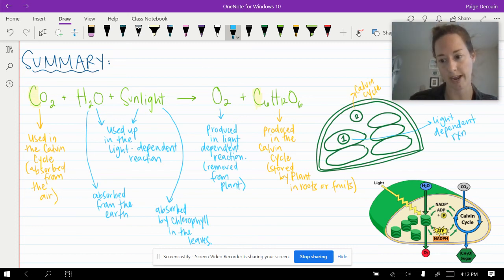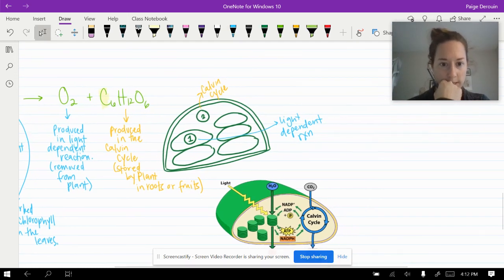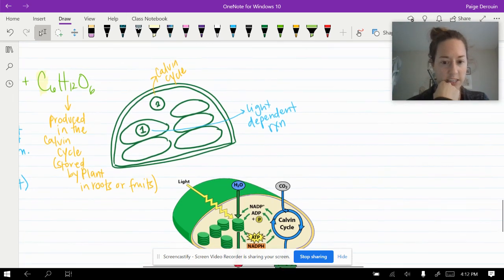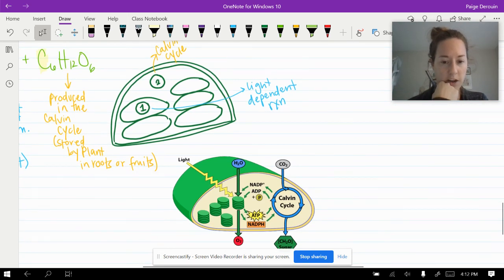RXN is short for reaction. And I also included this other more scientific image that I did not draw down here in case you're a very visual person. It might be helpful just to see that the light reactions are happening in the thylakoids and the Calvin cycle is happening in the stroma. And then that ATP and the NADPH is being constantly recycled over and over again all the time, which is amazing. So that's photosynthesis.